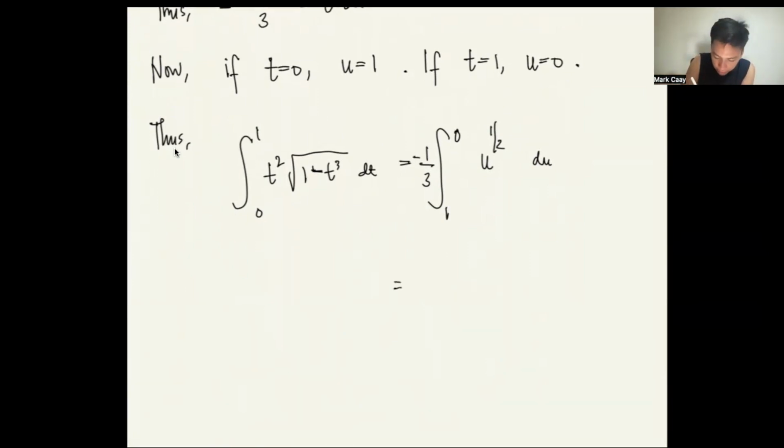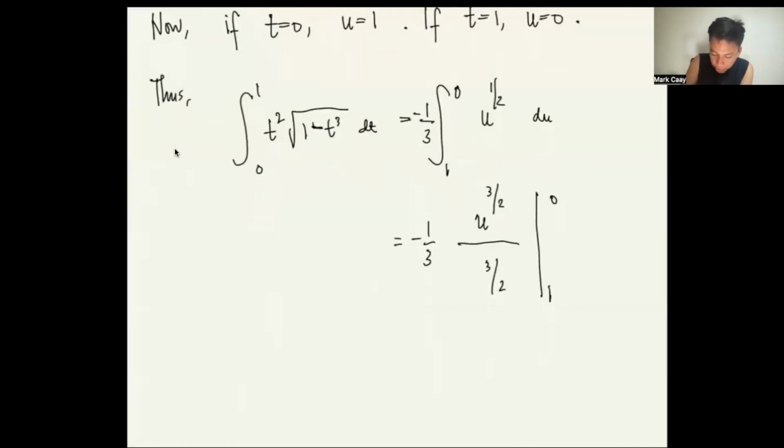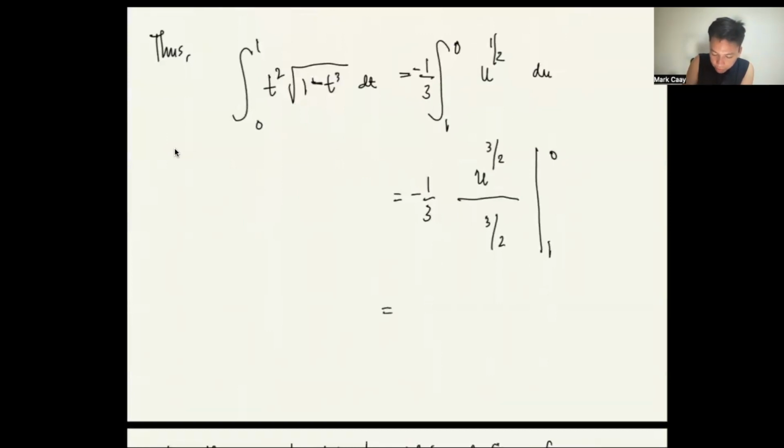So that will be negative 1/3. The integral of this, we know, is u to the 1/2 plus 1, so that's 3 over 2, all over 3 over 2, evaluated from 1 to 0. So this is negative 2 over 9, since I'm multiplying by the reciprocal.